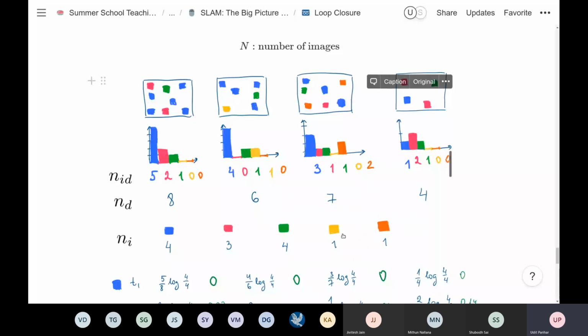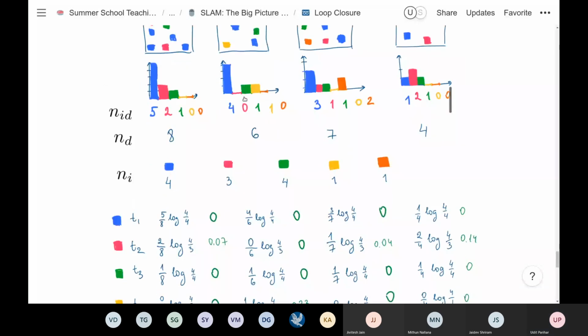But if you have a query image which contains a yellow word, then you can immediately say that there is only one image in your database which contains a yellow word. So there is a high chance that the image is more similar to this second image.